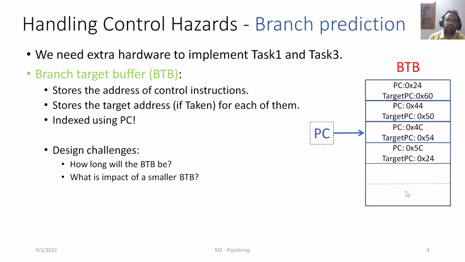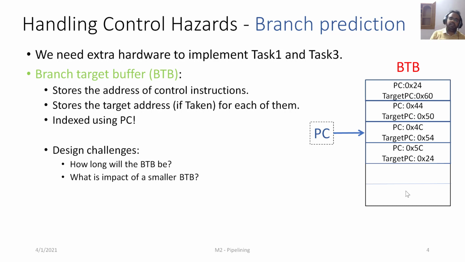And the other design challenge is, if we have fewer entries in the BTB than the control instructions we have in the program, how do we deal with it? For example, let's say we have fabricated the BTB with only 10 entries. Now let's say my program has 20 control instructions. How do we handle that?